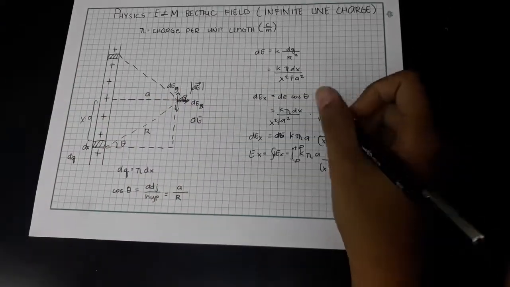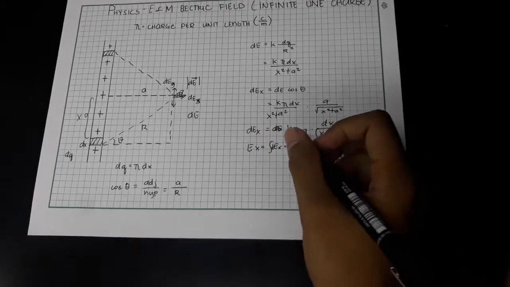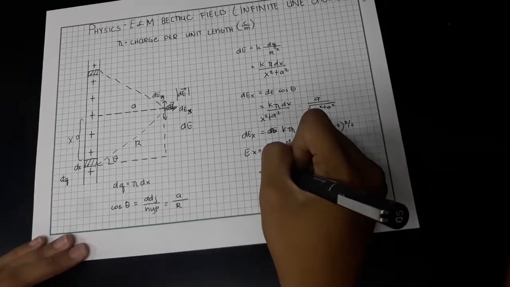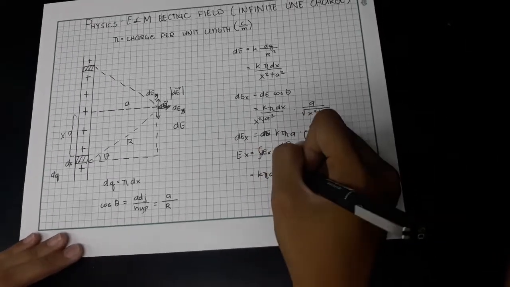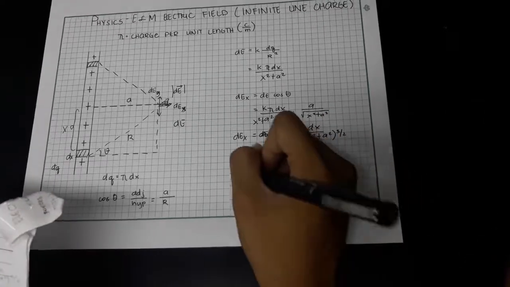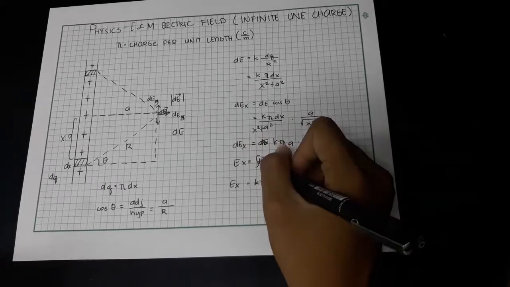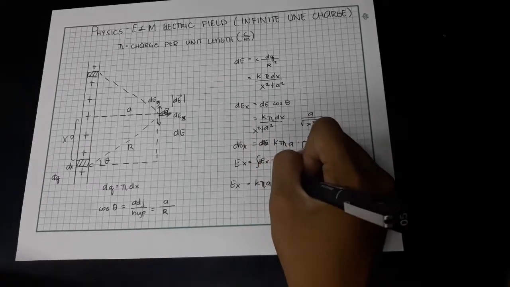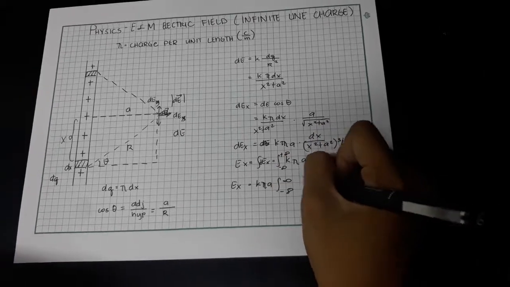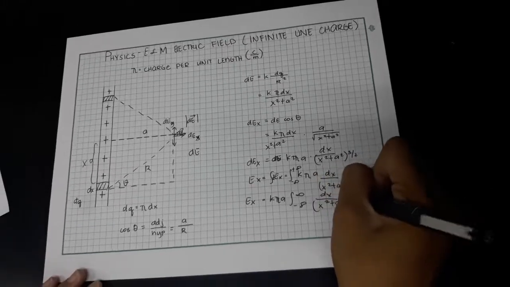And I realize that a, k, and linear are constants. So we have E sub x is equal to k times linear times a, integral from negative theta to theta of dx over x squared plus a squared to the 3 halves.